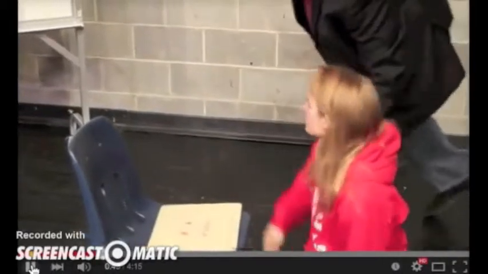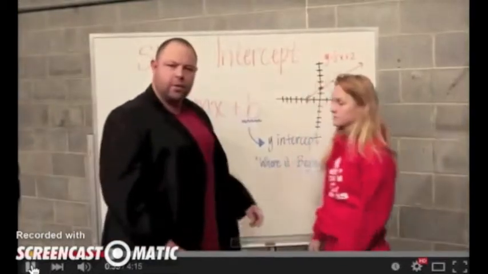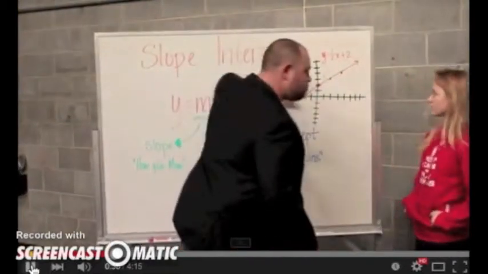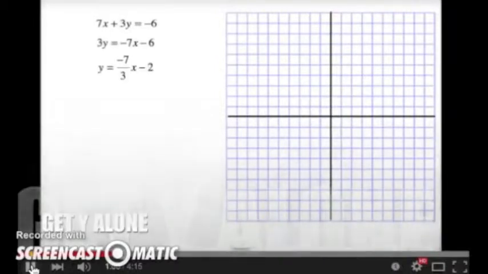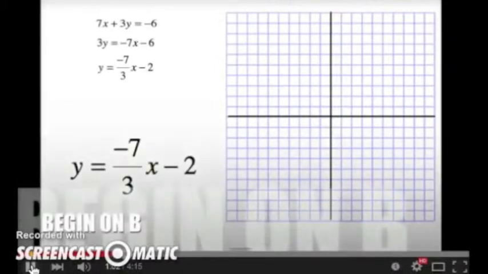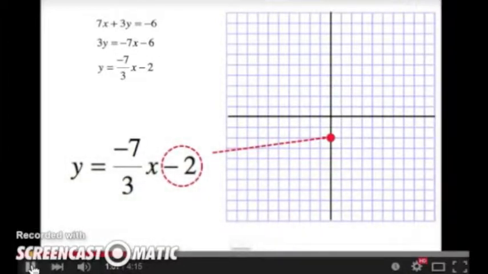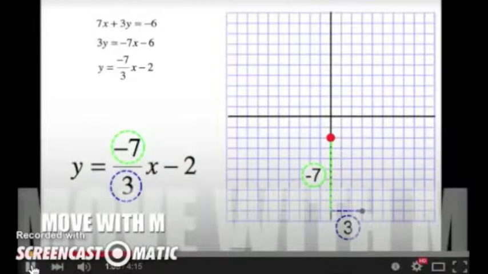So I got up and brought her up to the board. I told her: graph. If y alone, you know that step 1. Graph. Starting on B, we about to have fun. Graph. Now we use that slope, we about to be done.